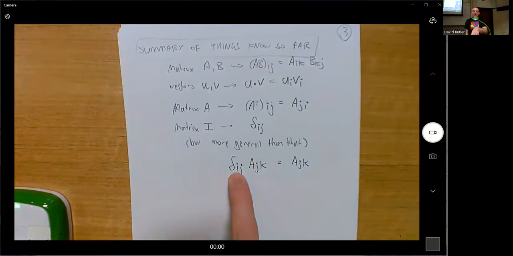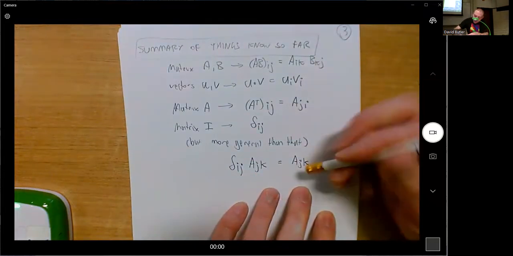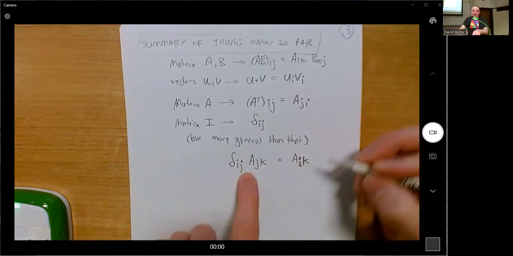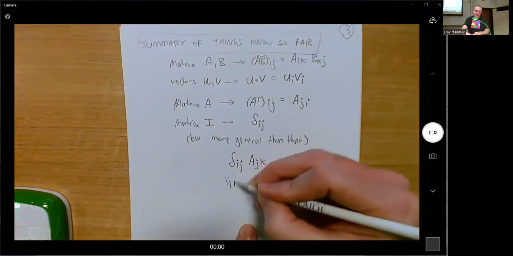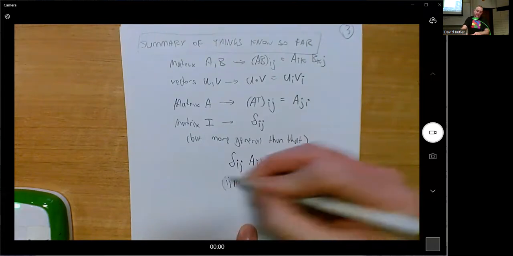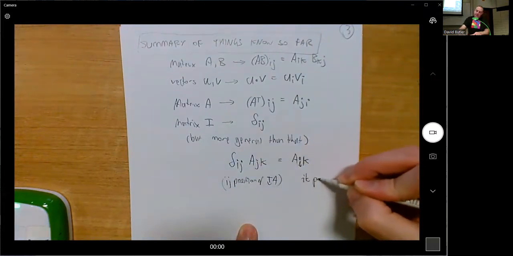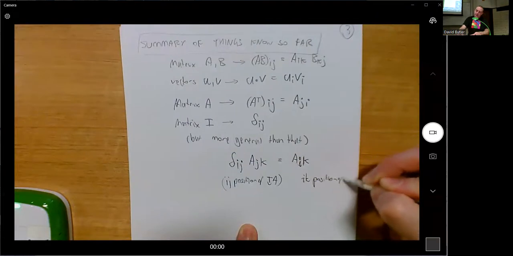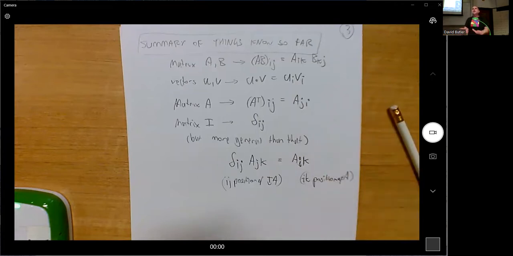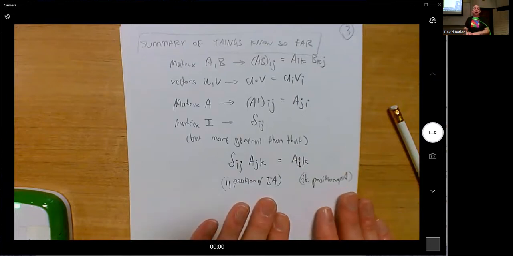And this is the ik position. Oh no, sorry, ik. This is the ik position of I times A, and this is the ik position of A. It doesn't necessarily have to be matrices, but it'll work for matrices, and we can borrow what we understand about matrices to remember how it works.